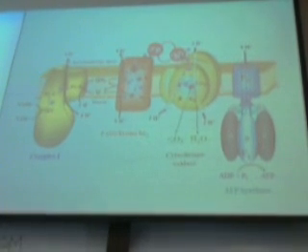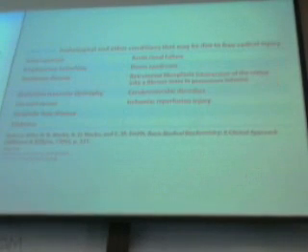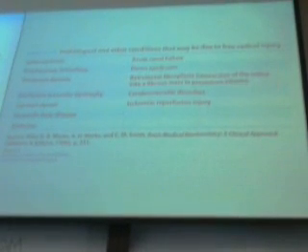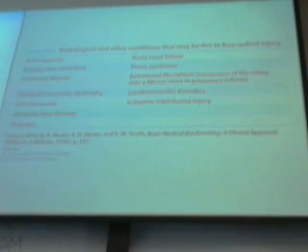There is a table in your textbook that I think is useful. This just shows all of the diseases that are associated with the production of O2 minus and other toxic materials that are derived from O2 minus, and they're called ROS for short, or reactive oxygen species.